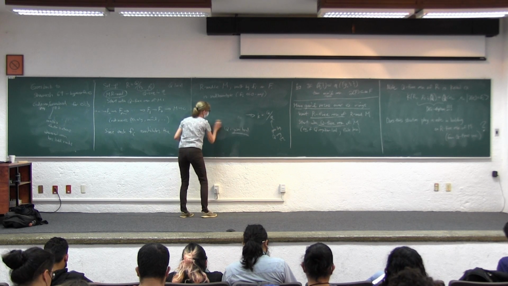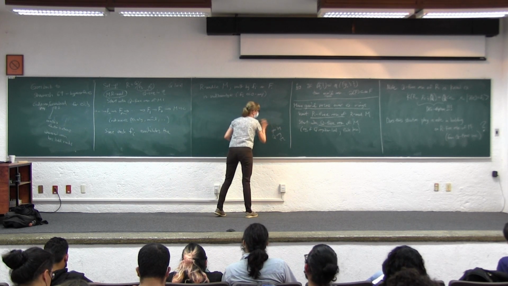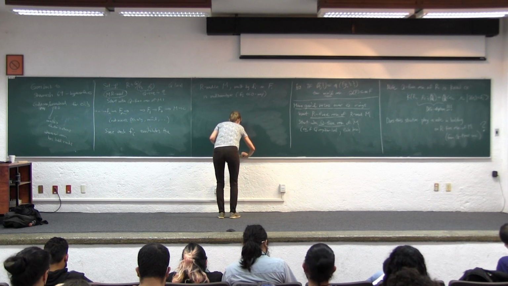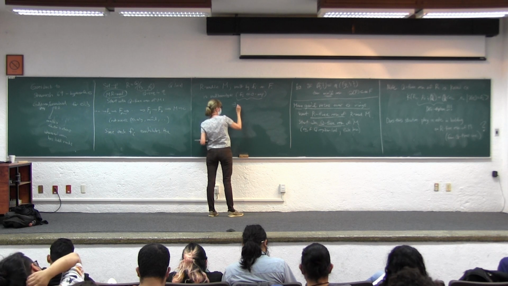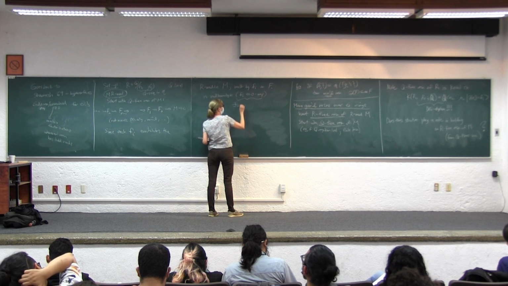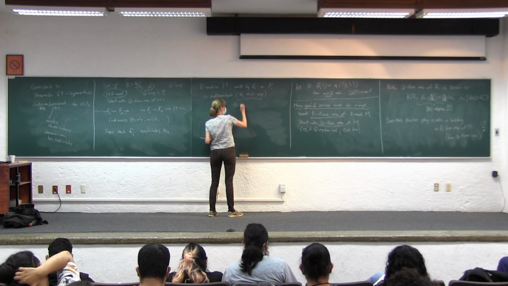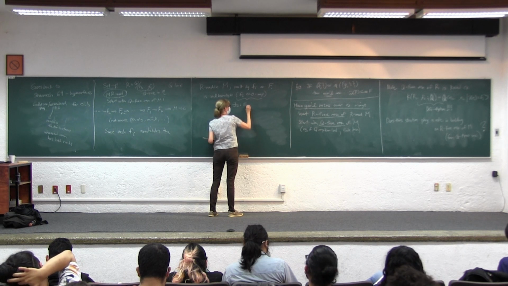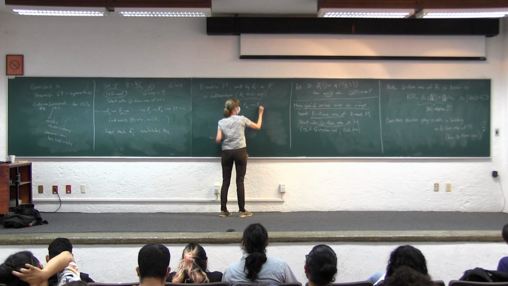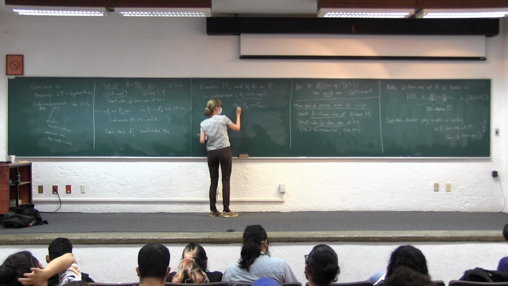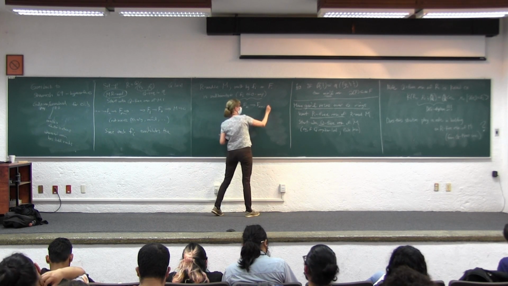What that means is, i.e., there exists a map S of degree 1, from Fn to Fn plus 1. So this S, let's call it Sn for all n.